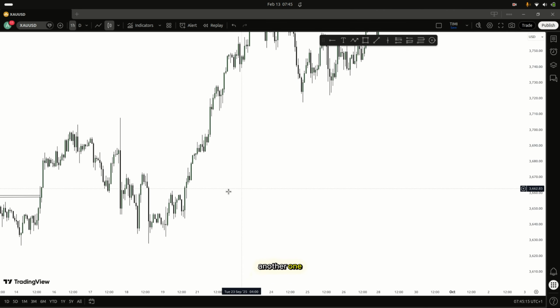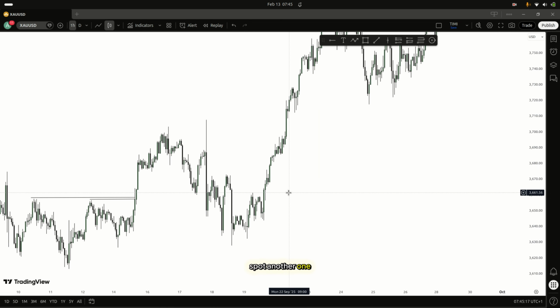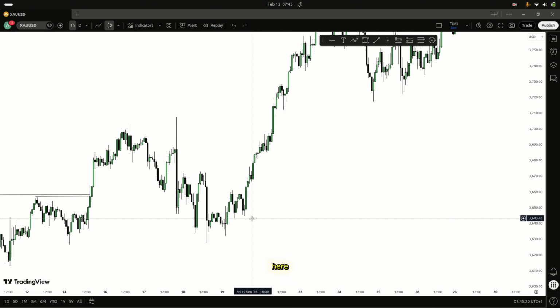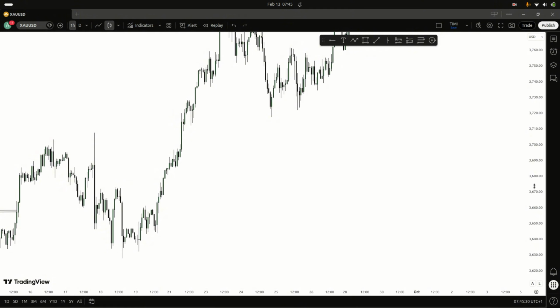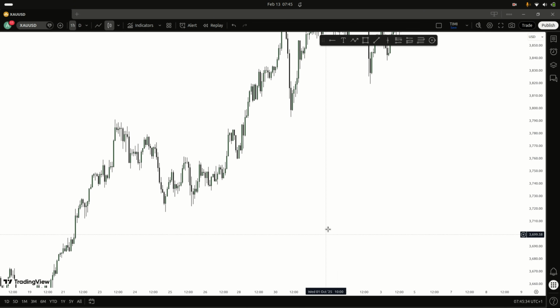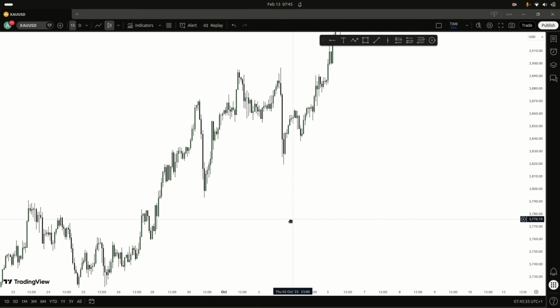Let's try to spot another one. Immediately this candlestick here took out this high, while also taking out another high that was in the market. A double break of structure just occurred over there. Let's see.